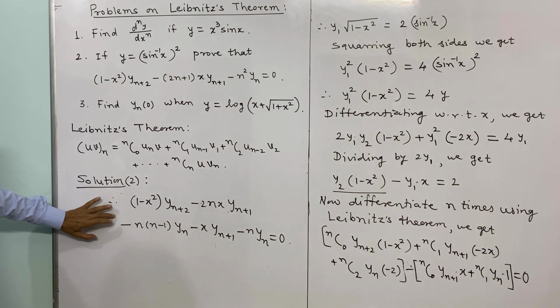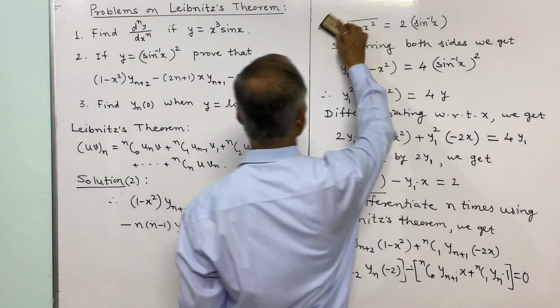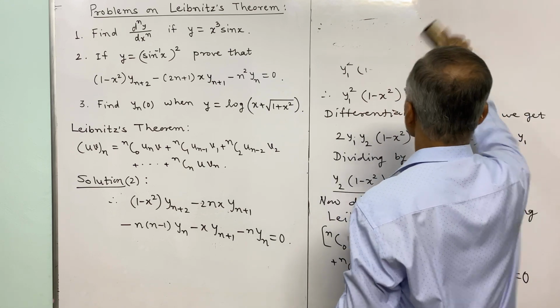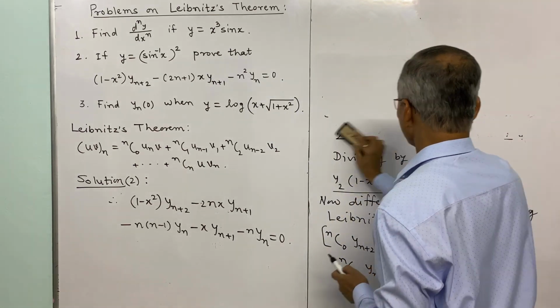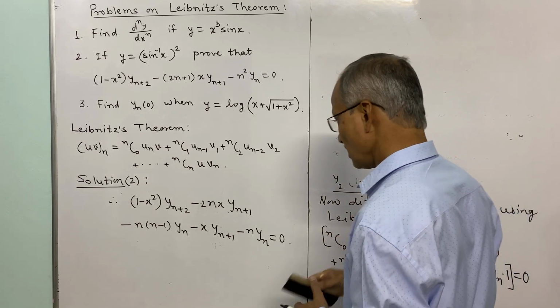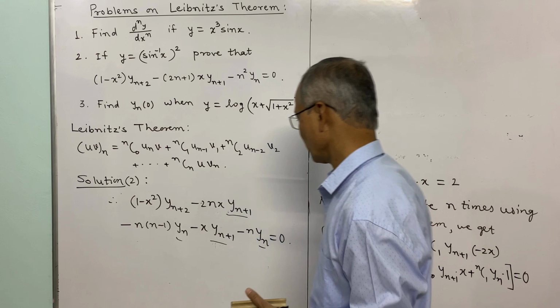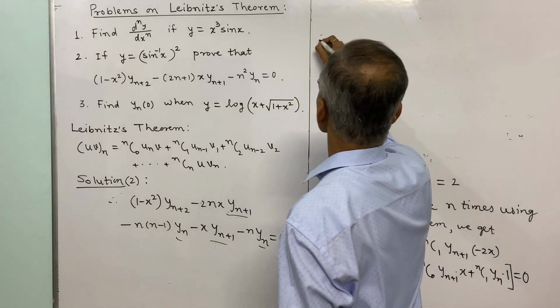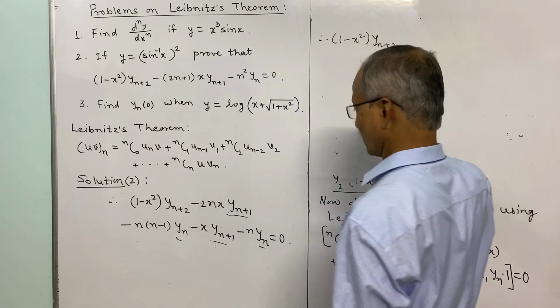Now we shall check whether it is the same as this one or not. We shall see the common terms and collect their coefficients. What are the common terms in this equation? This is common and this yn is also common. So the first term is as it is, 1 minus x square into the n plus second derivative.